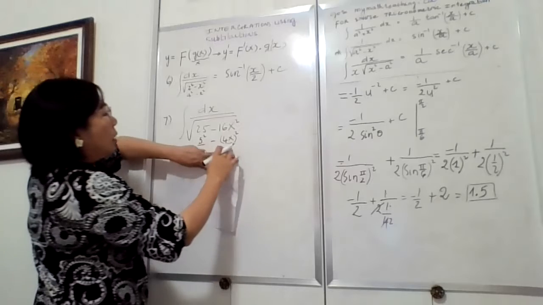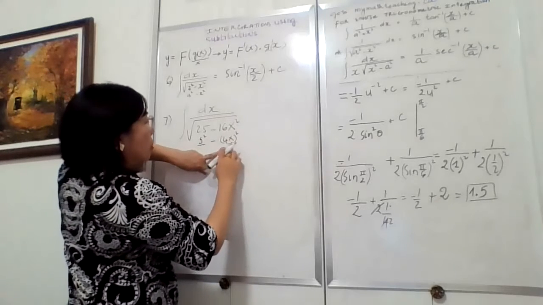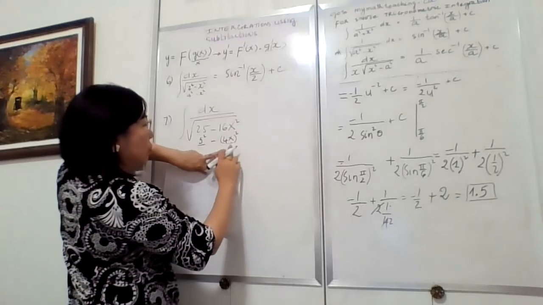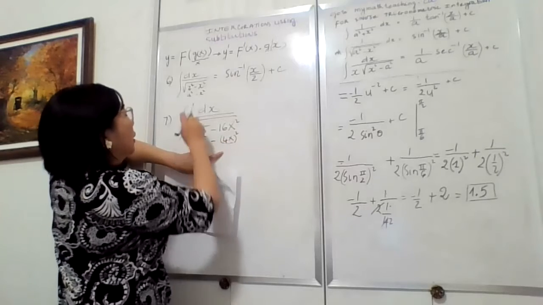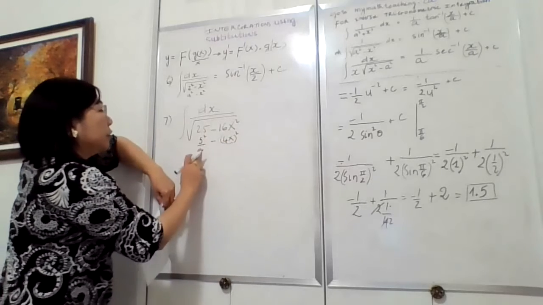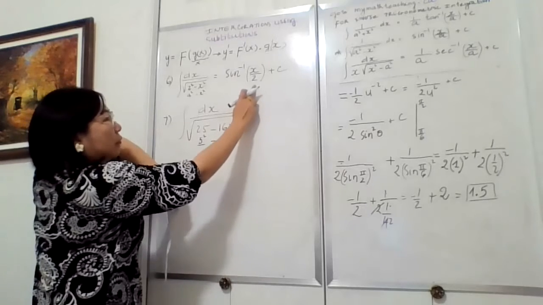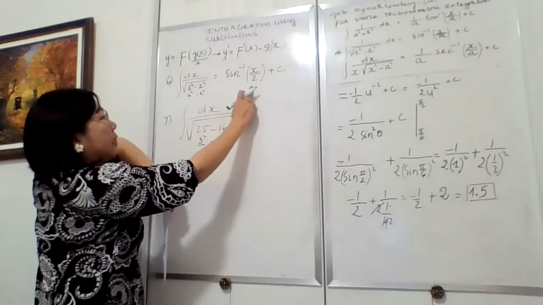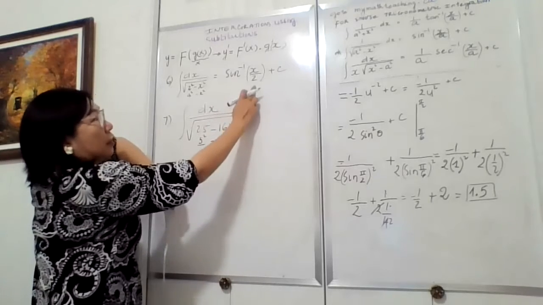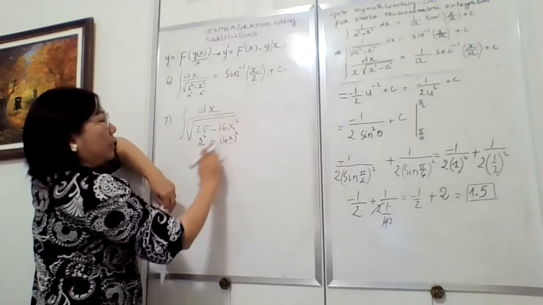But the problem is that because our x is 4x, we have to take care of the numerical value here. For a, it doesn't matter. We just apply the formula and put over 5 instead of over 2, so the angle is x over 5.